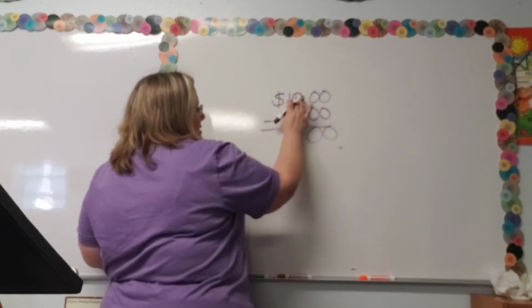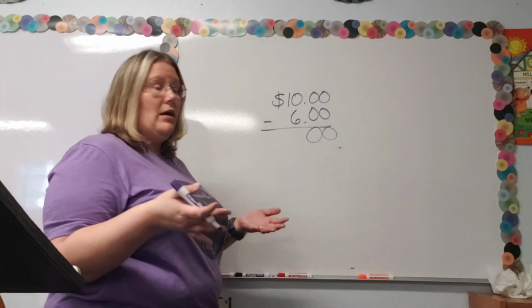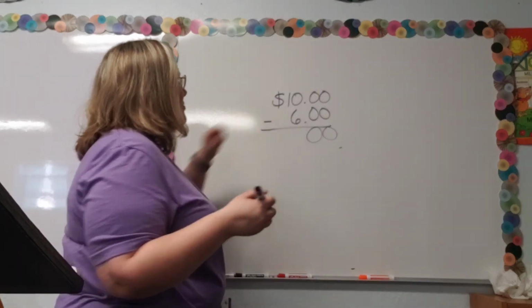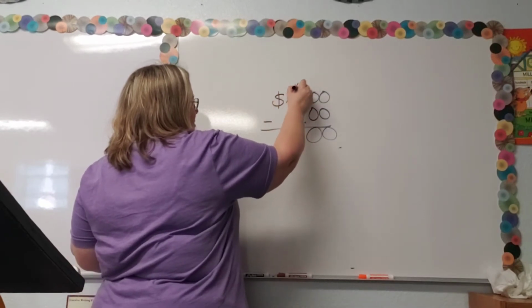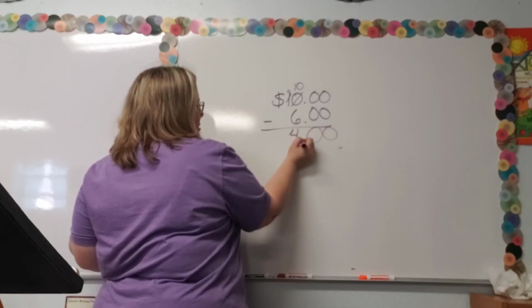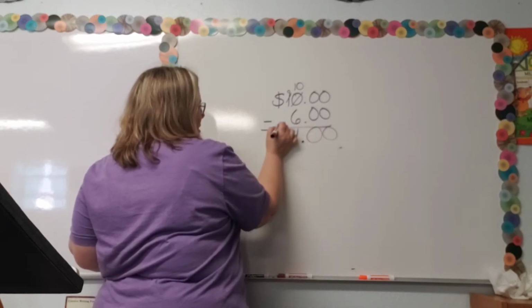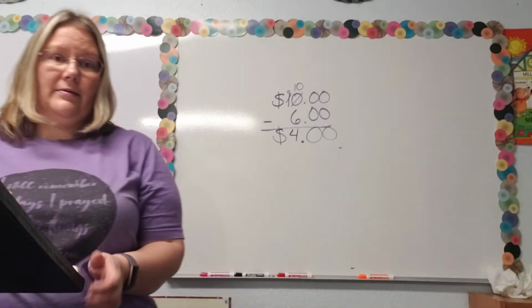All right, can I take 0 minus 6? Can I have nothing and take 6 away? Well, no, okay? So I have to borrow from the 1 here, it becomes a 0. This becomes 10. 10 minus 6 is 4. Make sure you bring your decimal point down and your dollar sign. So he got $4 in change back.